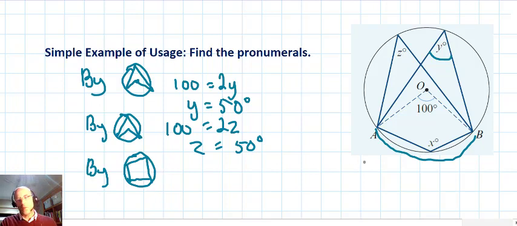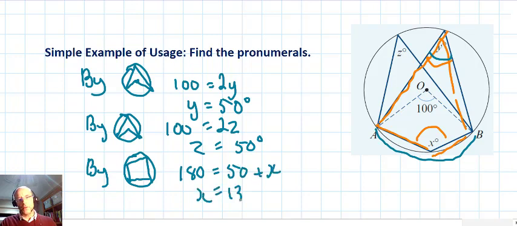So by that one, you've got a quadrilateral here, 1, 2, 3, 4, and you've got opposite angles here. So opposite angles of a cyclic quadrilateral are supplementary. We've got y already, so we can find that quite easily. If y is 50, 50 plus x, so x is 130 degrees.